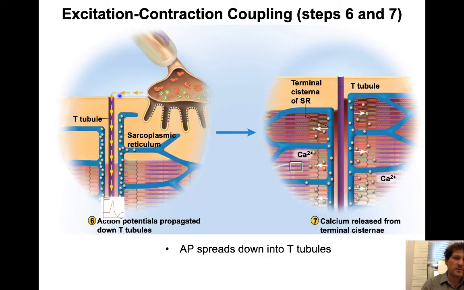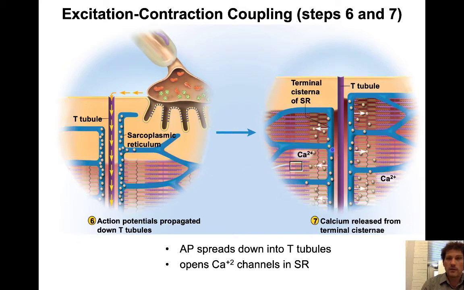So that action potential passes down into this T-tubule, going deeper into that cell. When it does, it opens calcium channels in that sarcoplasmic reticulum. On the left, we can see a storehouse of calcium.